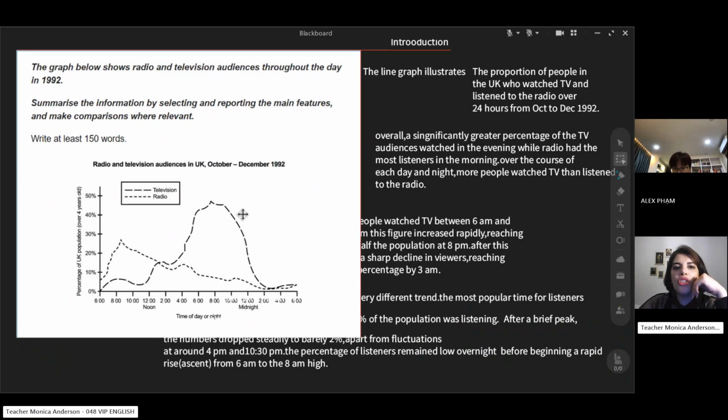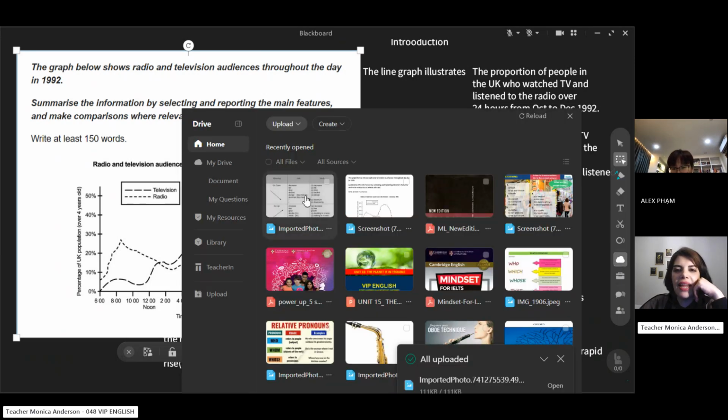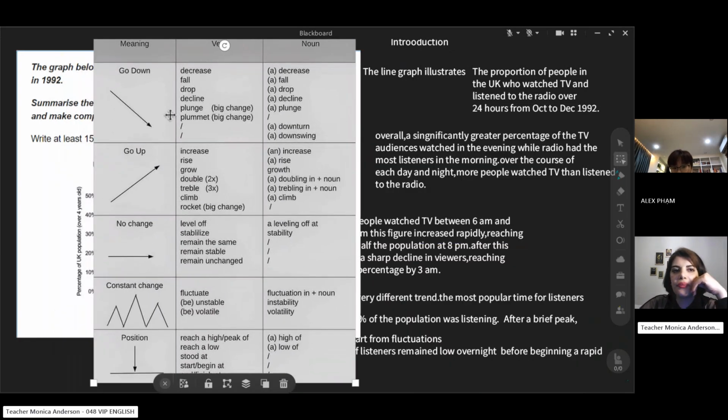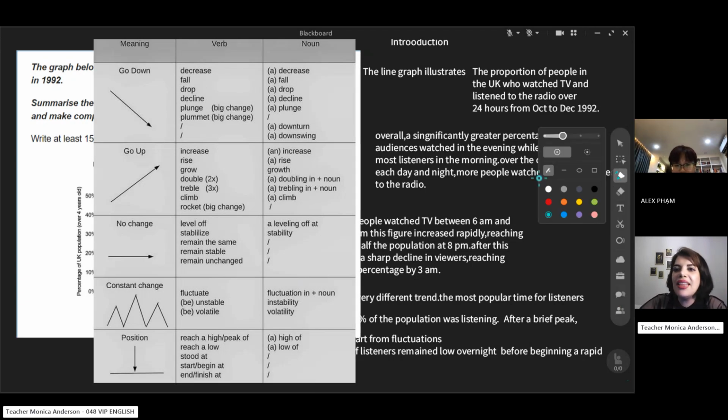Do you have any questions related to this part? No. Okay, so let's have a look at this. I will send the list of verbs and nouns. Look, plunge or plummet, just pay attention. When you want to say that your graph goes down, fall or decrease, decline is okay, drop is okay, fall is okay, but look at these two, plunge and plummet.